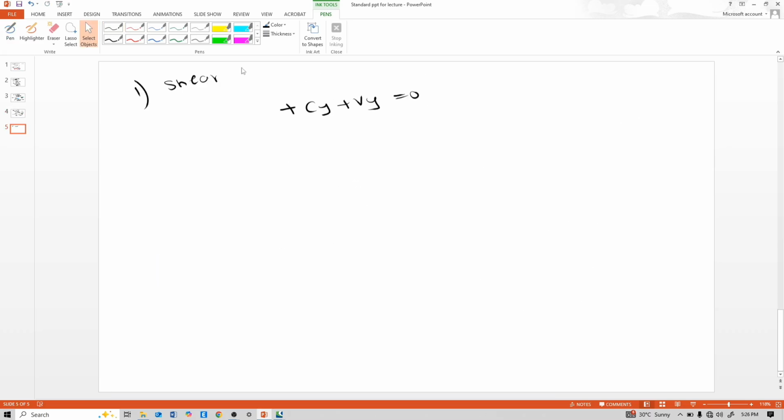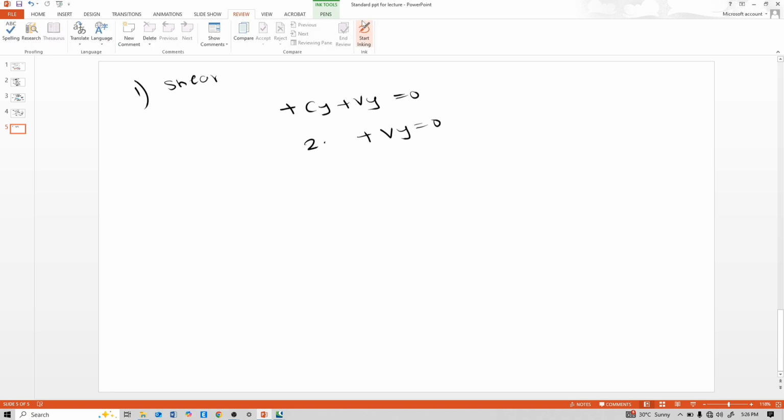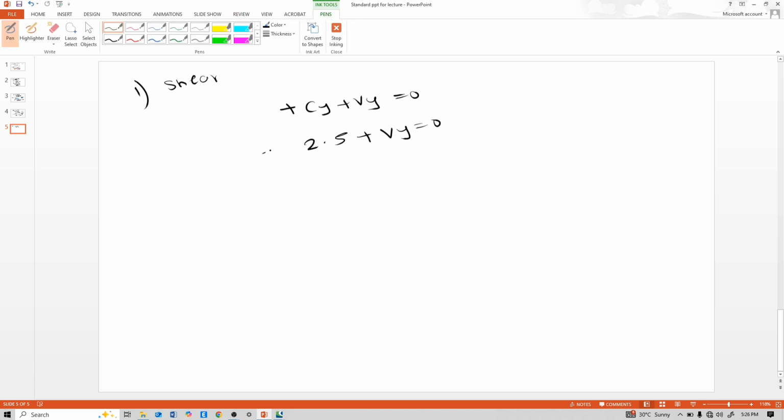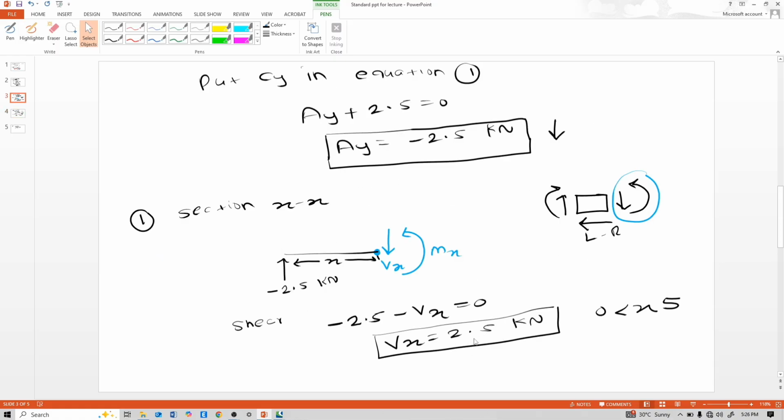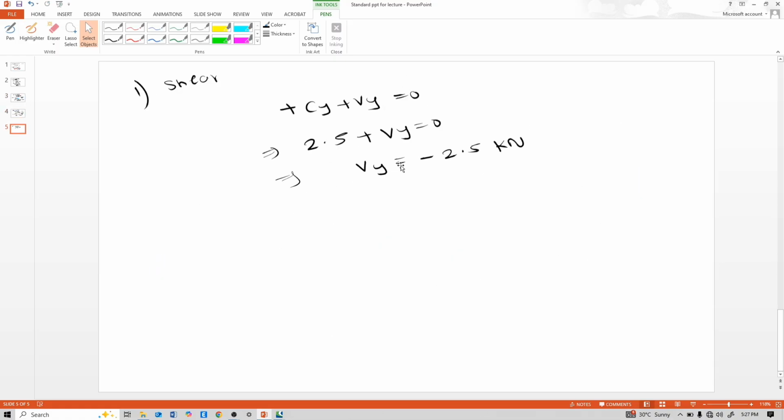So Cy is 2.5 kilonewton plus Vy equal to 0. This is a lengthy procedure. Only for your understanding purpose, this procedure understanding is important. Vy is equal to minus 2.5 kilonewton. So shear is minus 2.5 here also. And here see, shear is positive 2.5 and here minus 2.5.